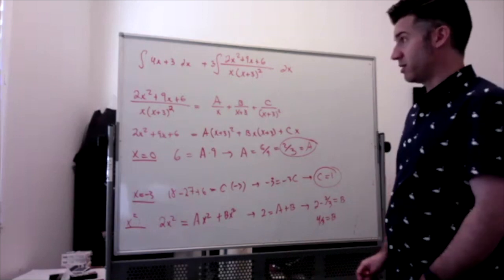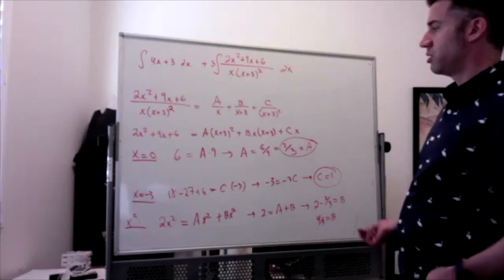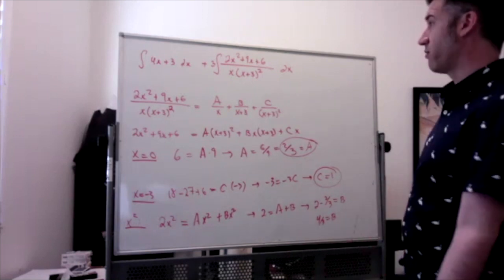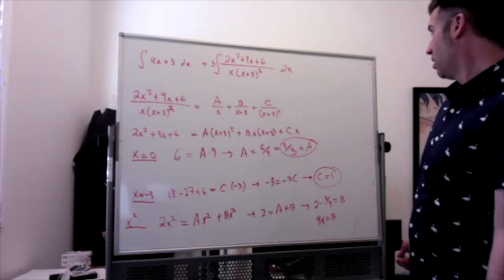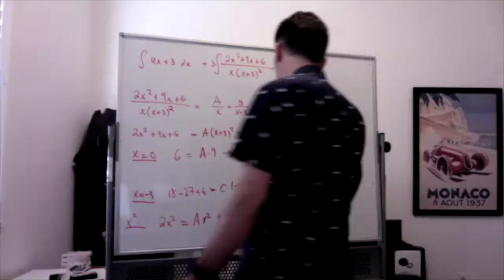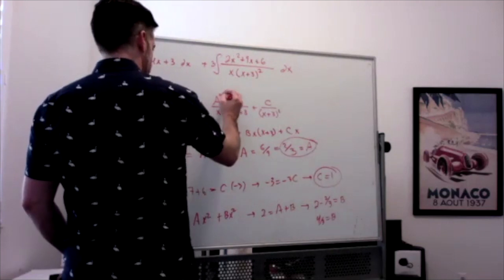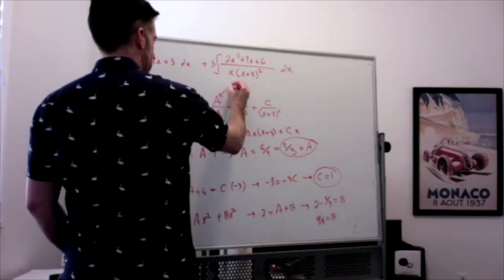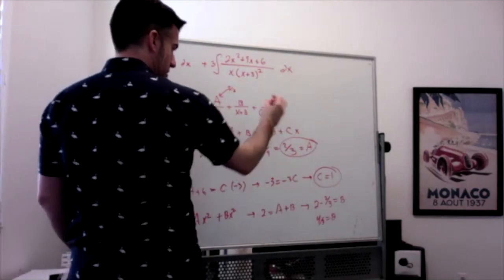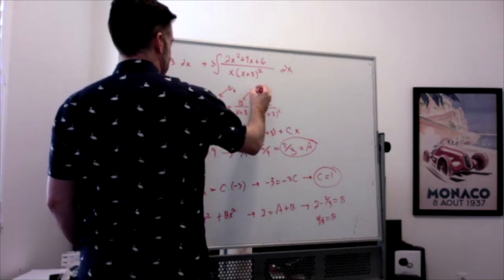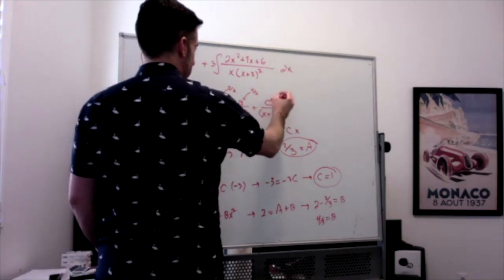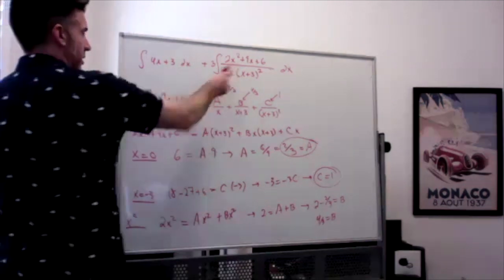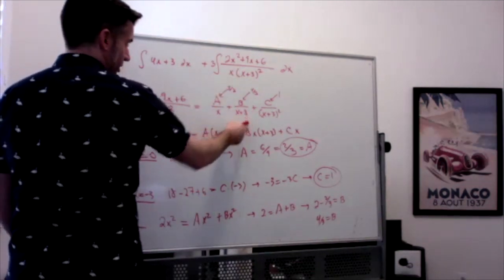Okay, so here's what we end up getting. We're at a place where we don't have enough room to write anything. So a is 2/3, b is 4/3, and c is 1. So integrating this means we're really integrating this.